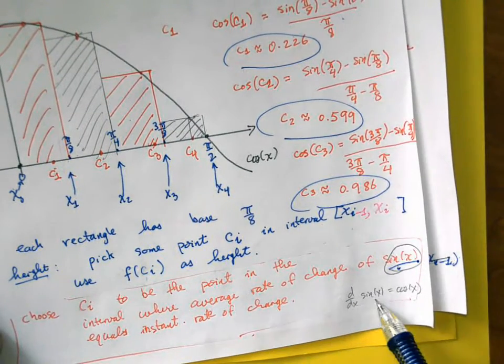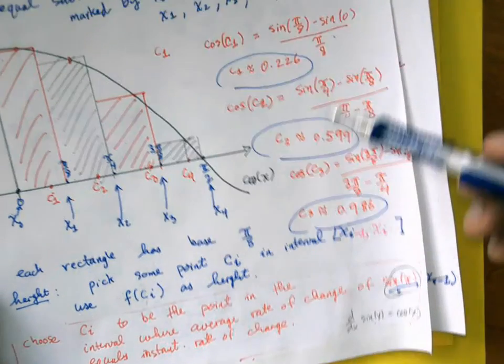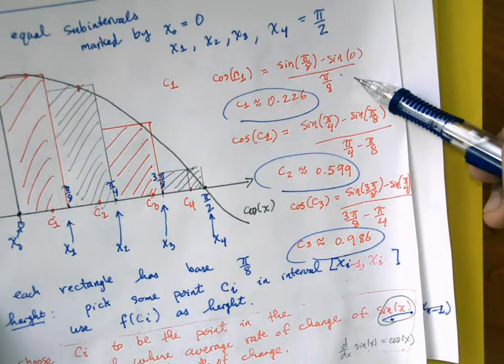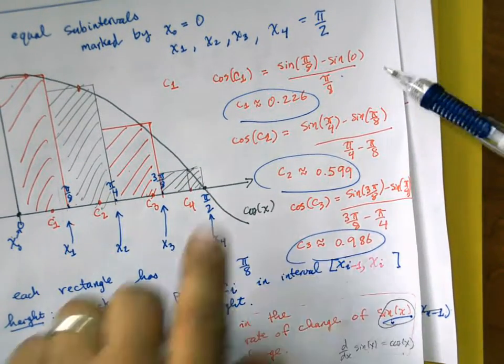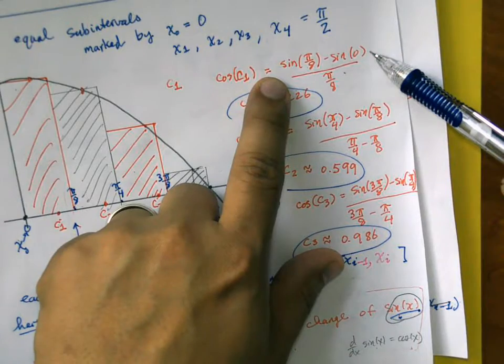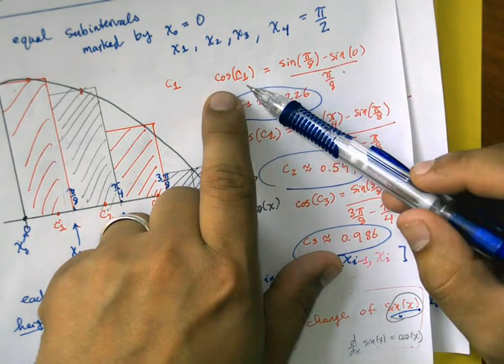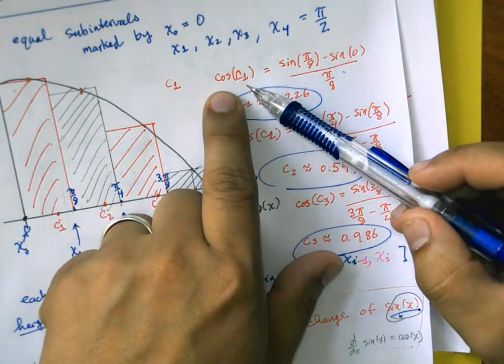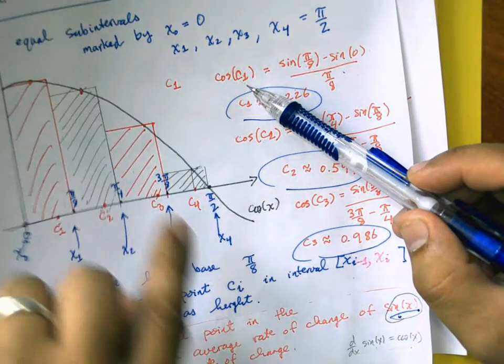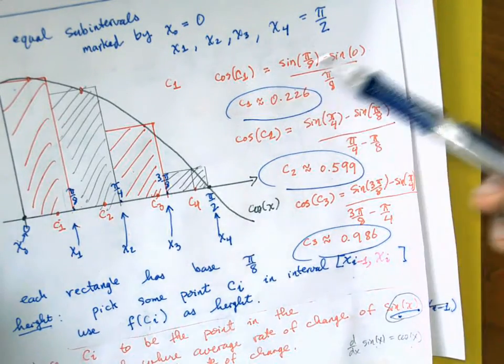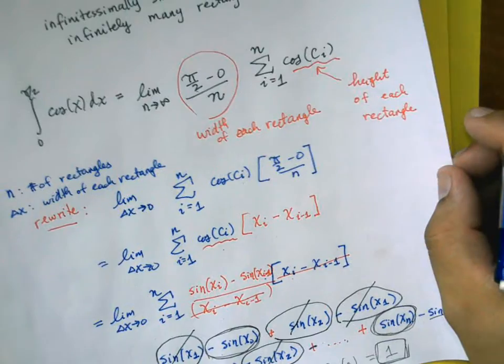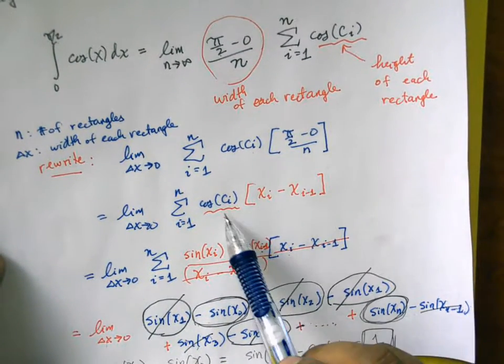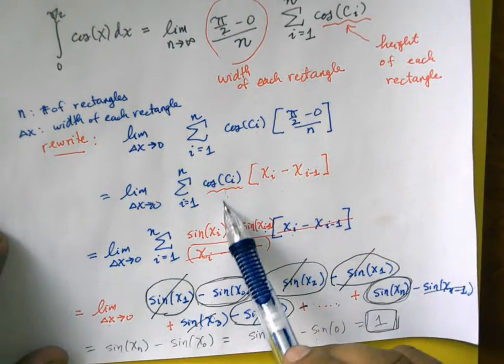In other words, we want to choose a function such that when you set up this problem with the mean value theorem, the expression of the average rate of change equals exactly the value of the function you're looking for.